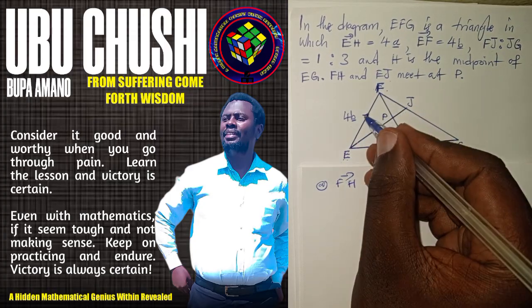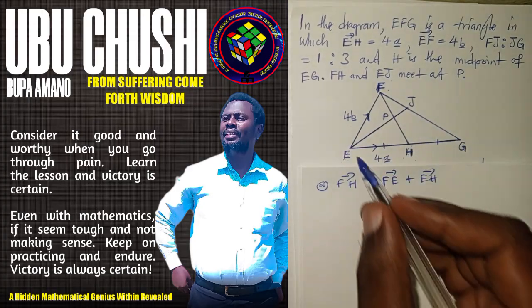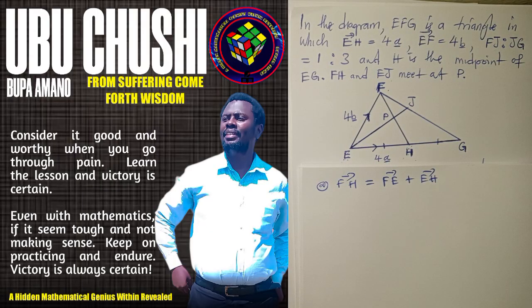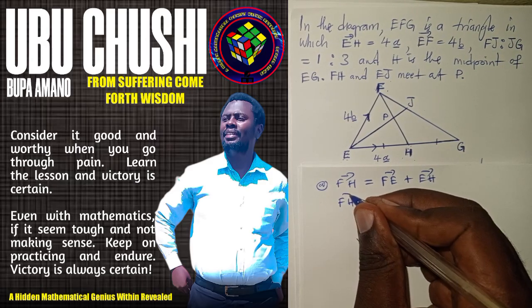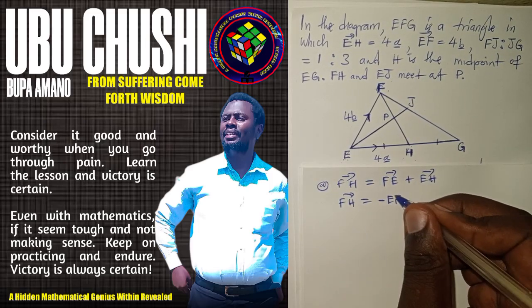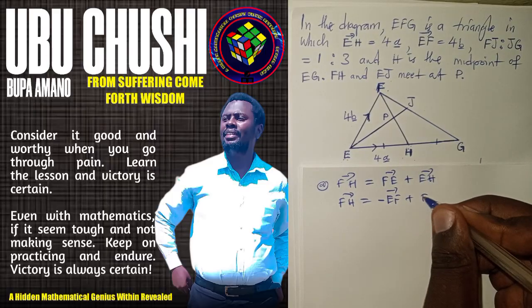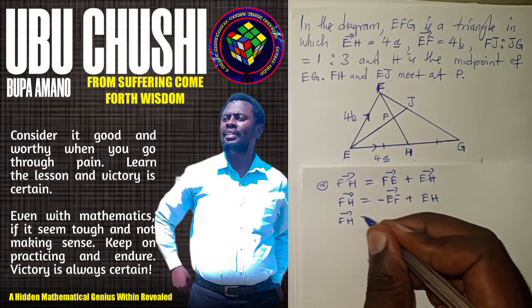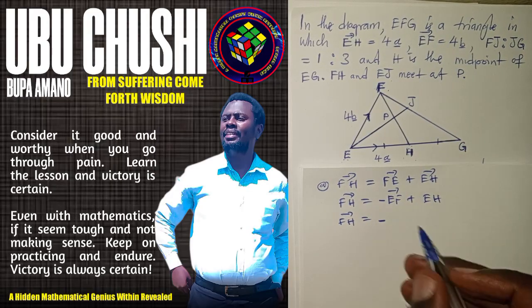You can even see the arrow there, it's from E to F. So FE is the opposite direction, and in mathematics opposite direction implies a negative. So FH is equal to negative EF plus EH.